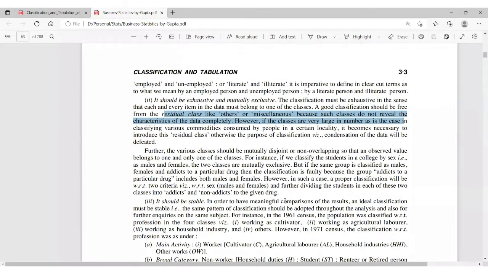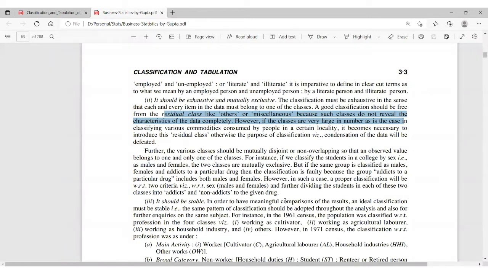Sir, what is the meaning of mutually exclusive? Mutually exclusive means different. That means one category or one class is different from the other class. For example, weight is different from age, so they are mutually exclusive.